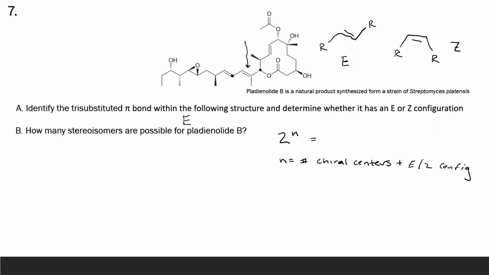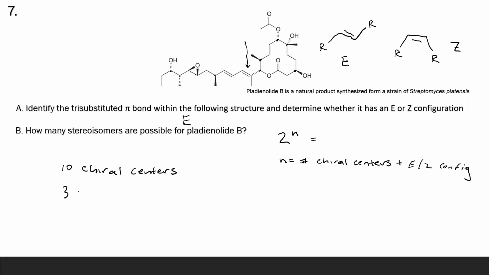So in this case, let's first count out the number of chiral centers. 1, 2, 3, 4, 5, 6, 7, 8, 9, 10 chiral centers. Now we notice that we have 3 alkenes, which would mean that you could have several different EZ configurations with those alkenes.